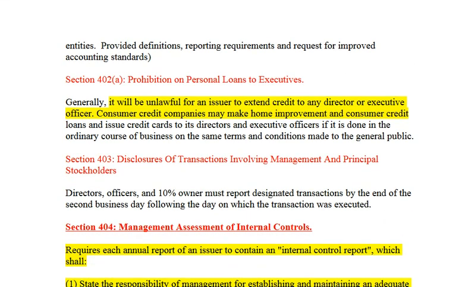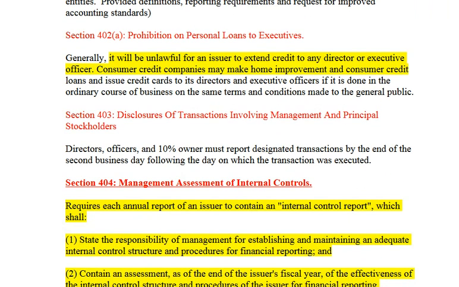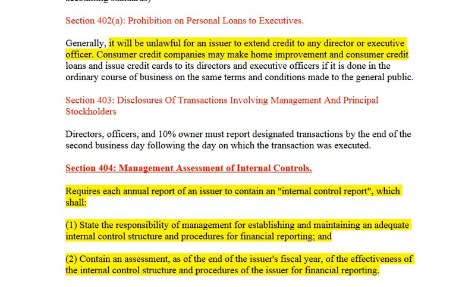Section 402. Prohibition on personal loans to executives. Generally, it will be unlawful for an issuer to extend credit to any director or executive officer.